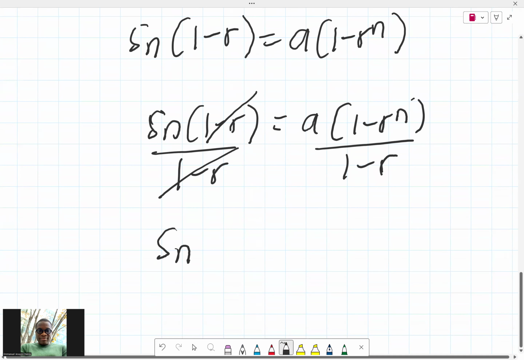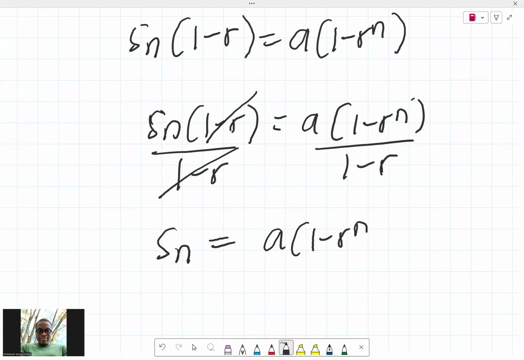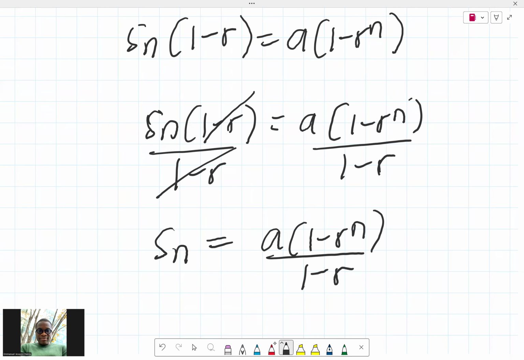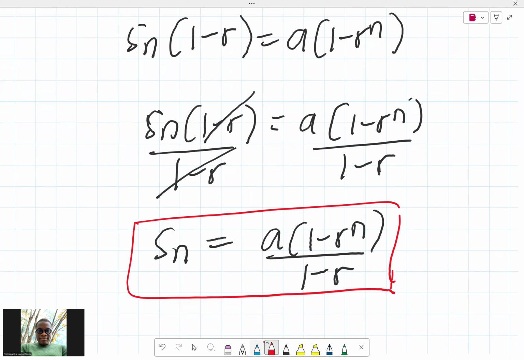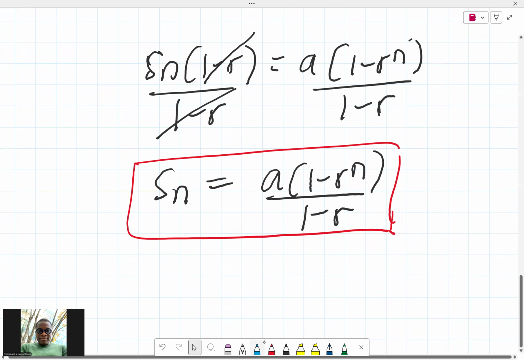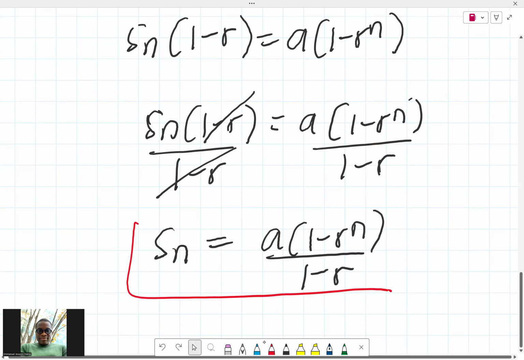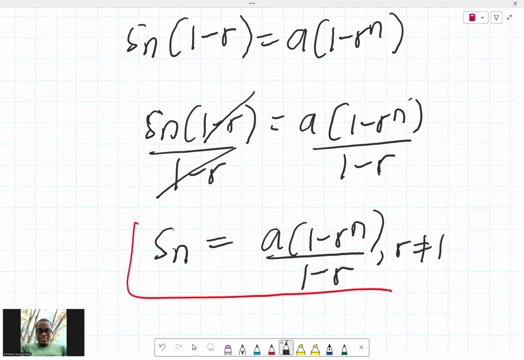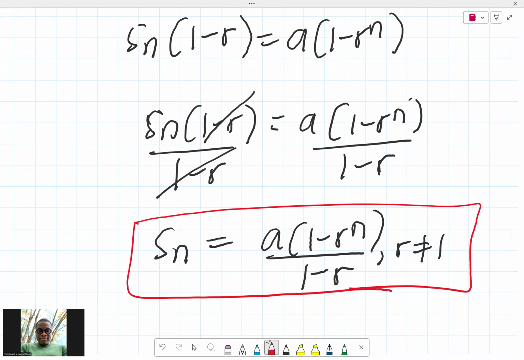So we have Sn equals a into 1 minus r raised to power n, all over 1 minus r. Now, this is finally a very tidy formula for the sum instead of that long thing we had. But the issue here is that r cannot be equal to 1. If r is equal to 1, then this sum fails. So this formula only holds if r is not equal to 1.